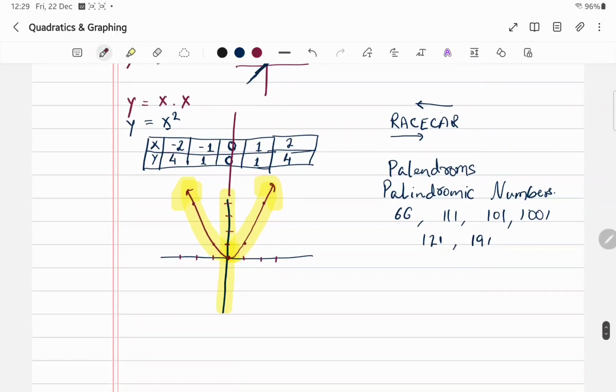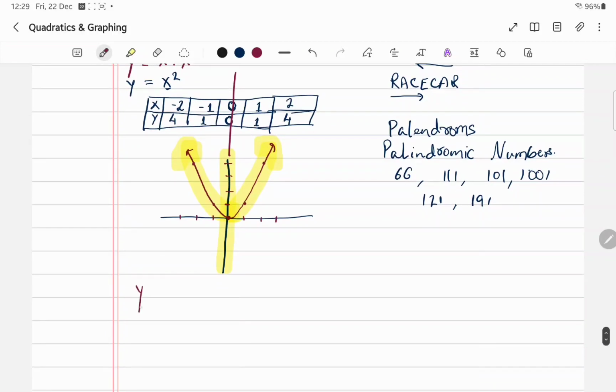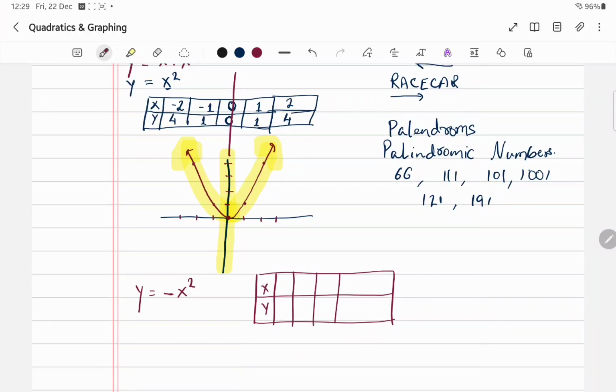What if we have another equation, which is y equals minus x squared? Again, we'll create a table. We have x and y values. We will have values 0, 1, 2, minus 1, minus 2.